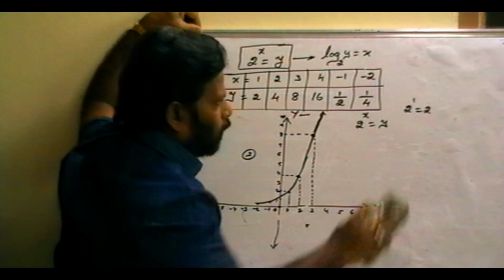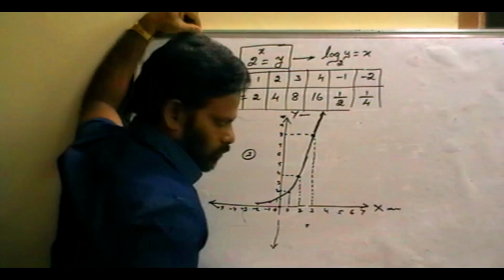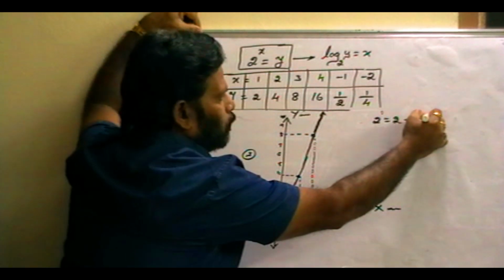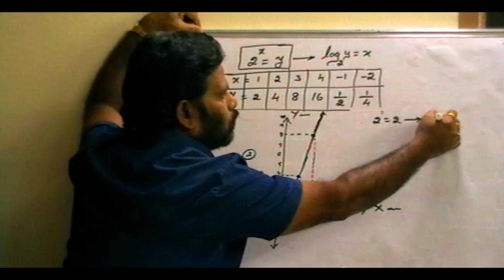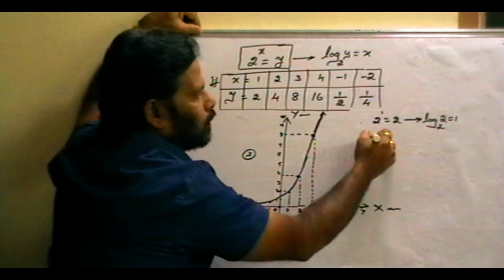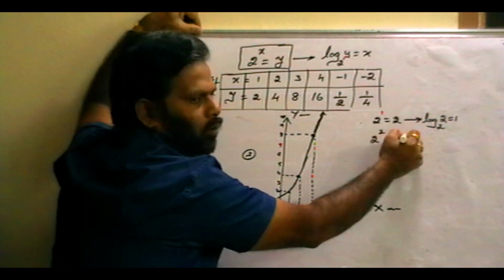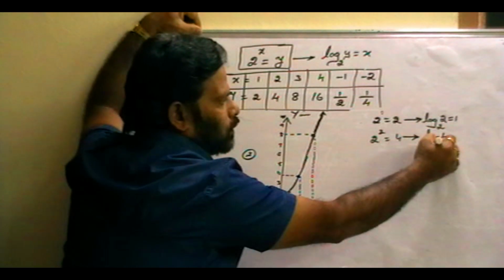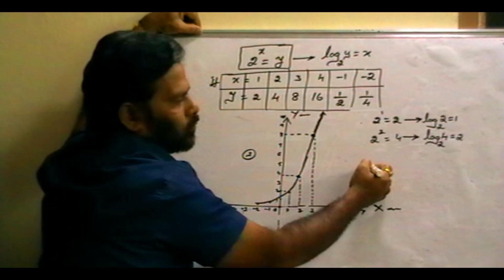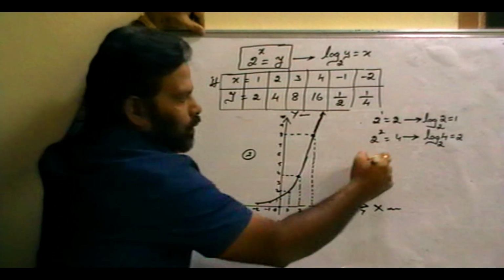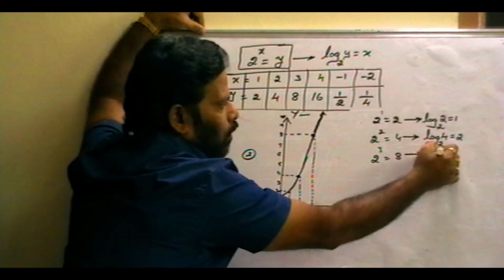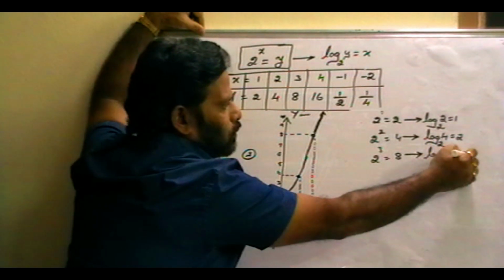So logarithmic form, log 2 to the base 2 is equal to 1. 2 square is equal to 4, so logarithmic form log 4 to the base 2 is equal to 2. Right? 2 cube is equal to 8, so logarithmic form log 8 to the base 2 is equal to 3.